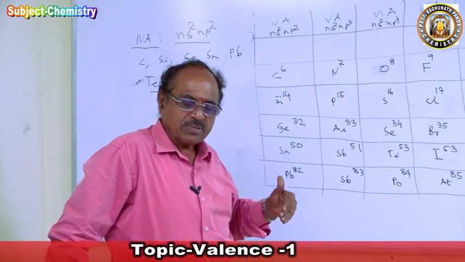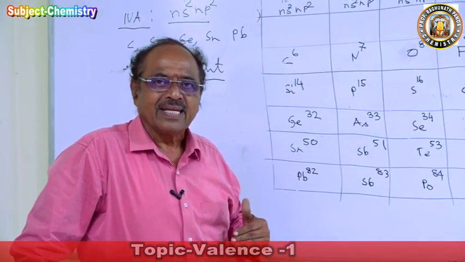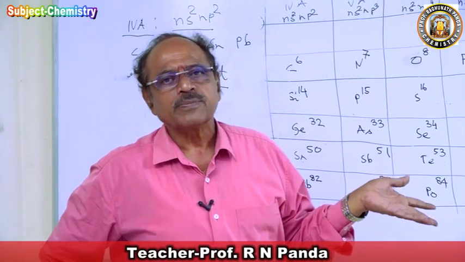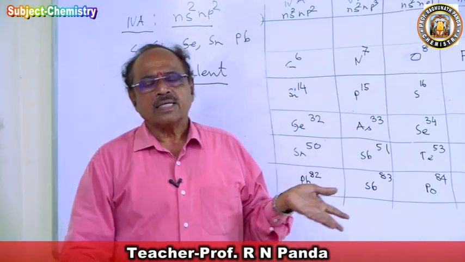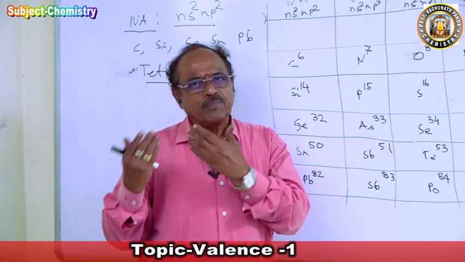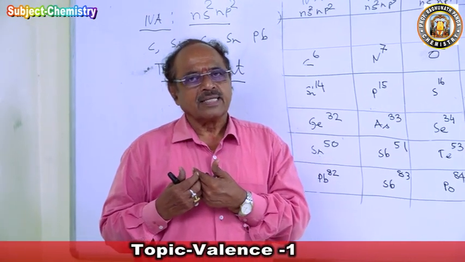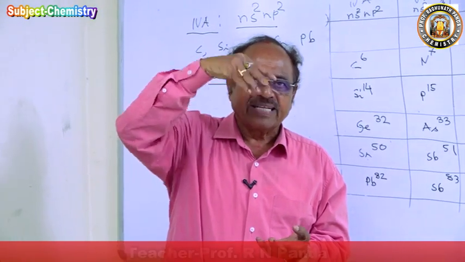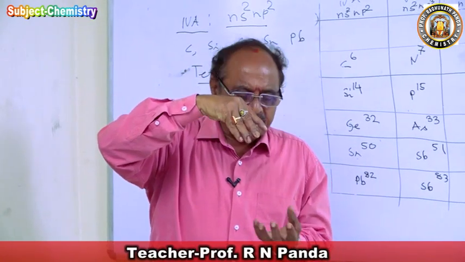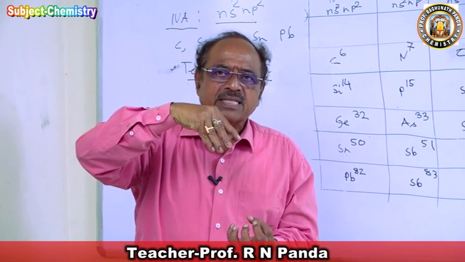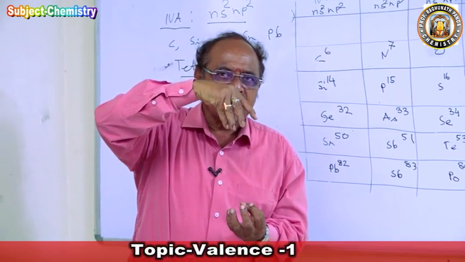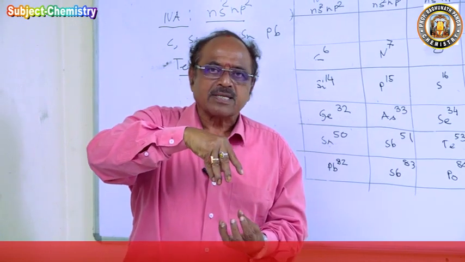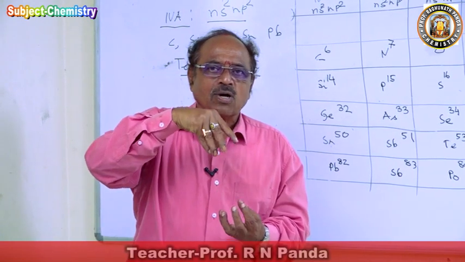The number of electrons they can lose or gain is 4, because they have 4 electrons. To become 8, they can lose 4 electrons, or they can gain 4 electrons to attain 8. When they lose, they give; when they gain, they receive.